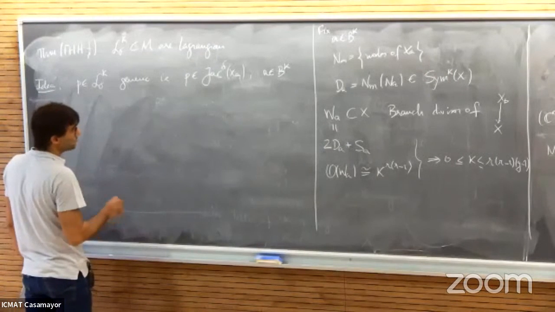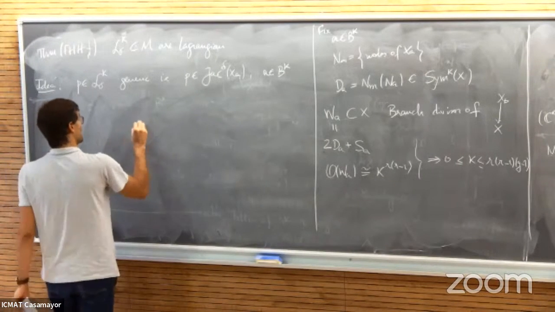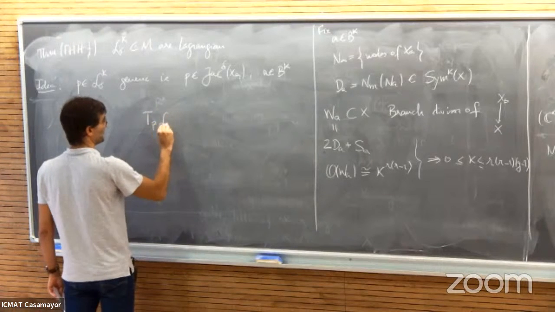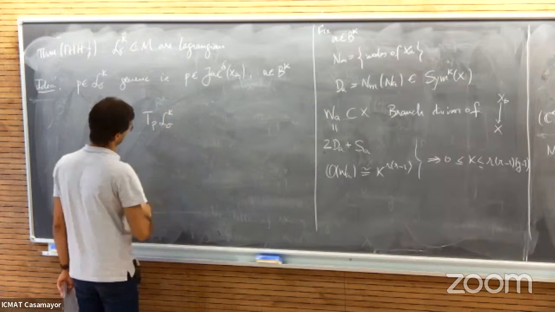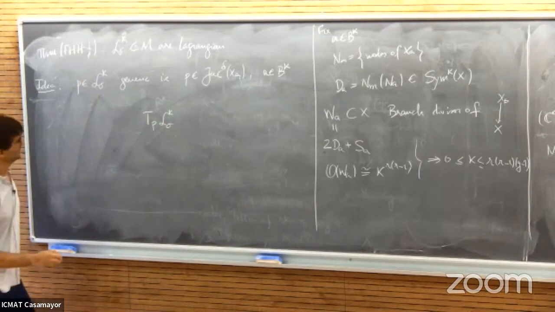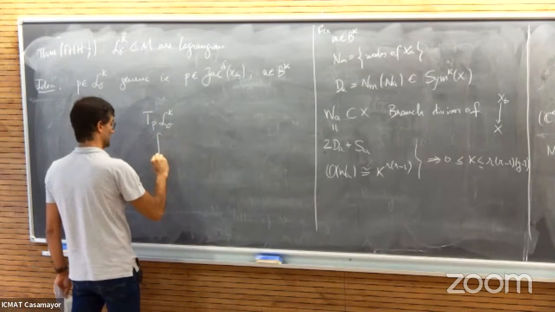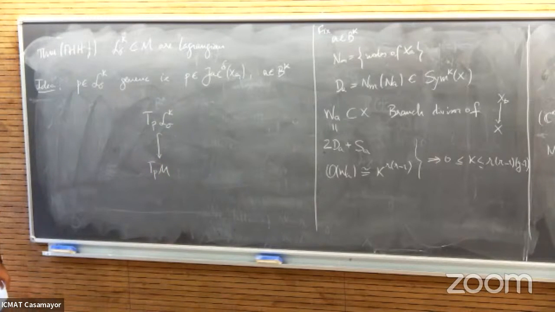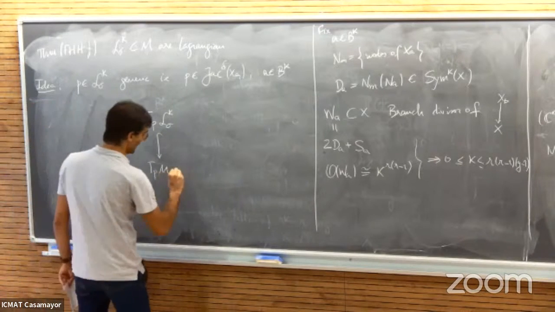Now take the tangent space to our space. This lives inside the tangent space of the Higgs bundle moduli space at the same point.